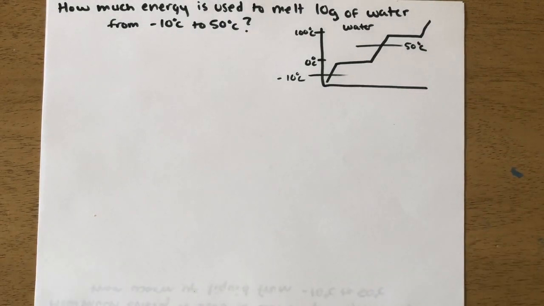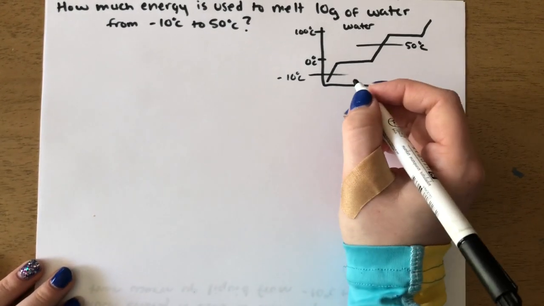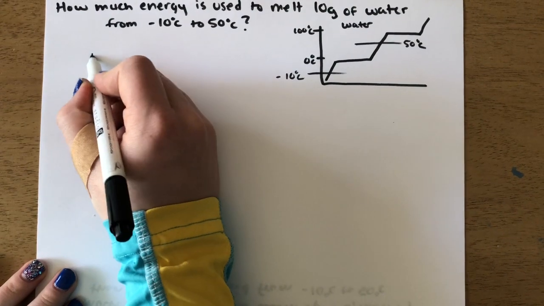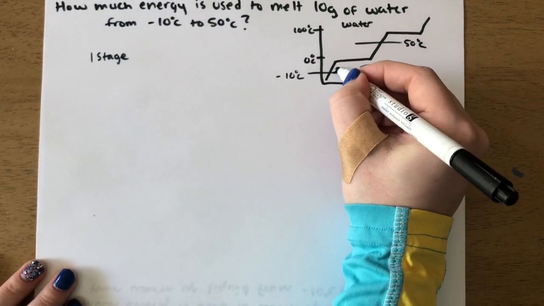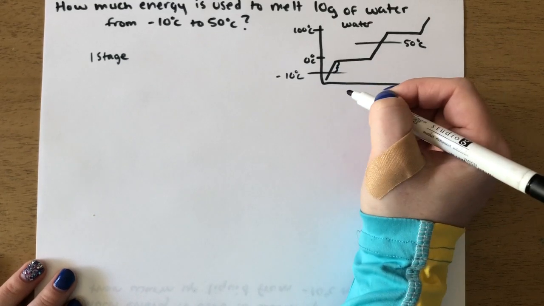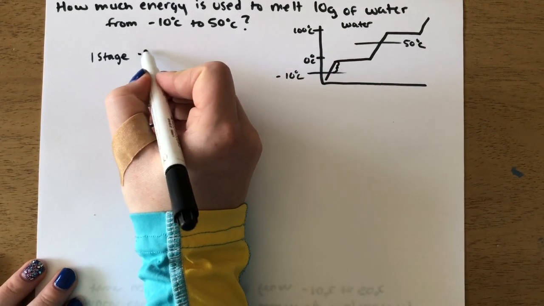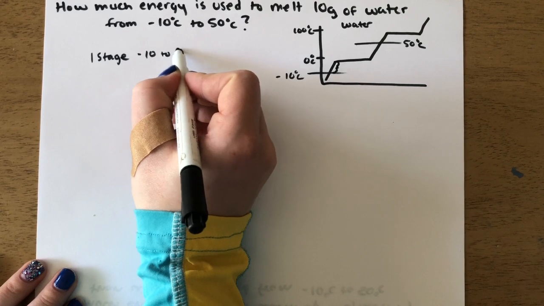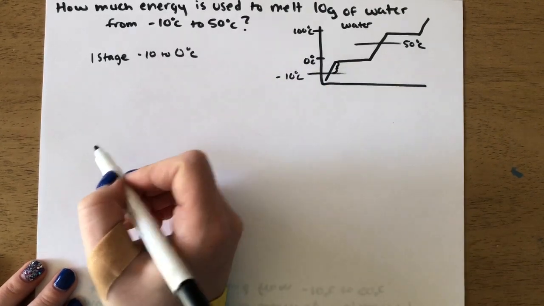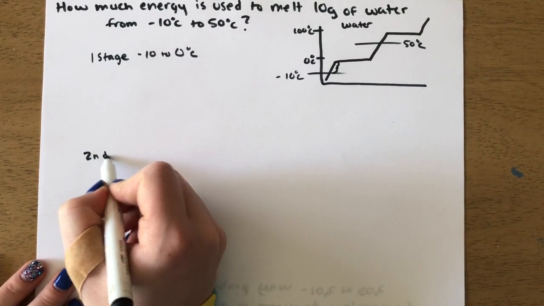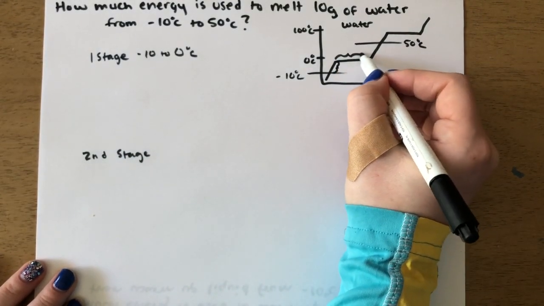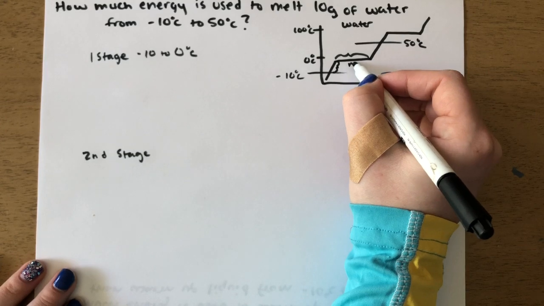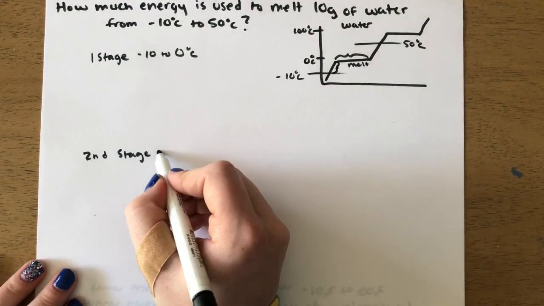Now we have to do this in stages. So our first stage, we have to go from -10 to 0. Our second stage, we have to melt our ice.